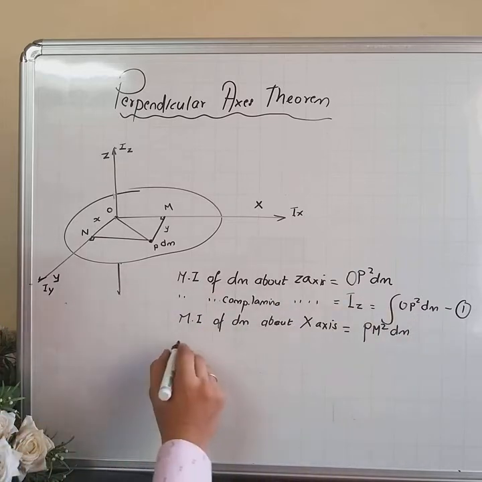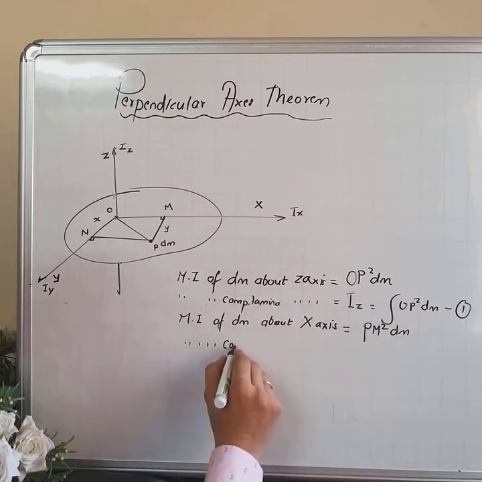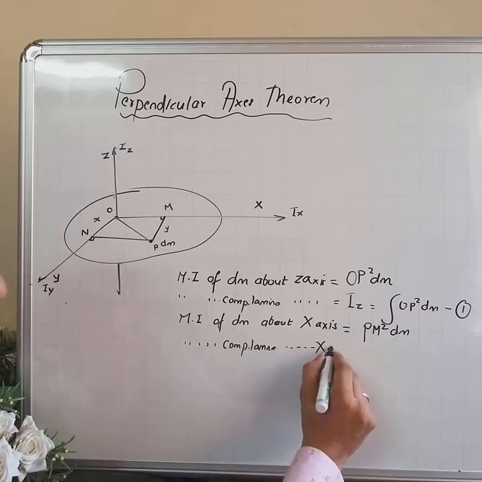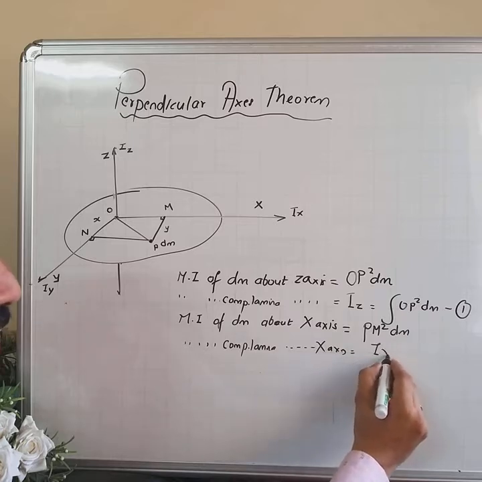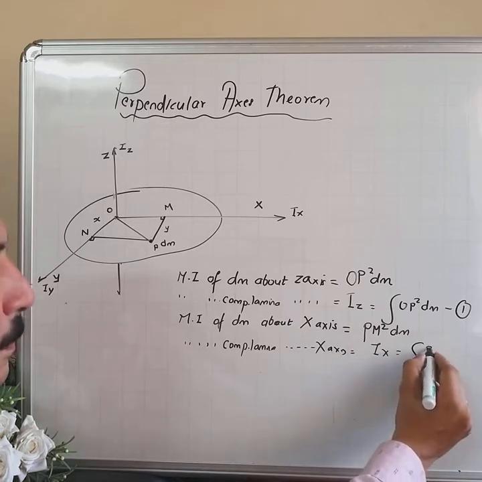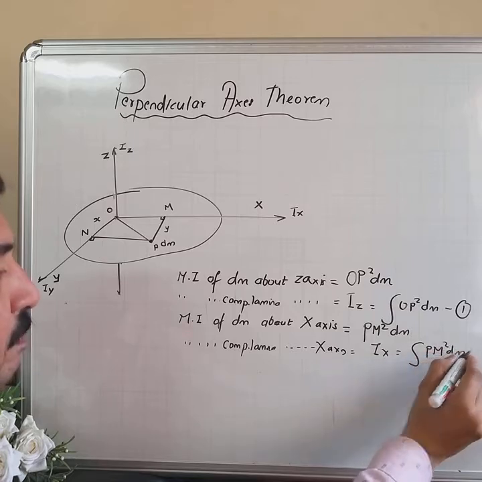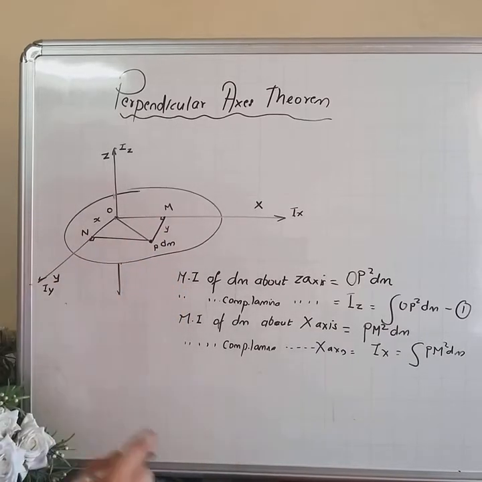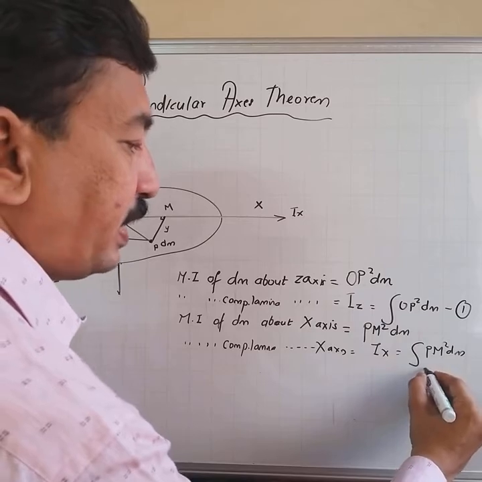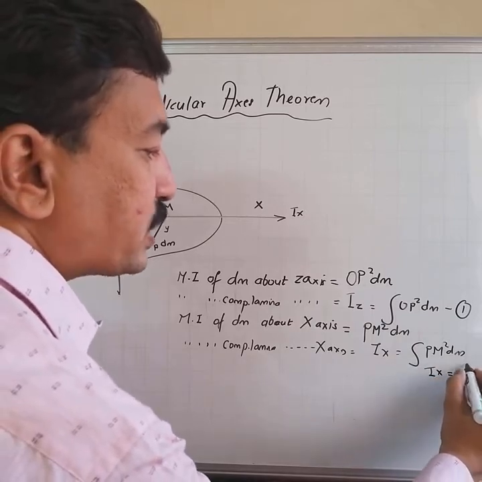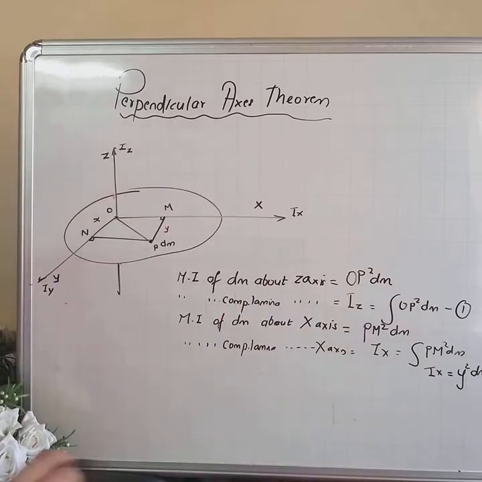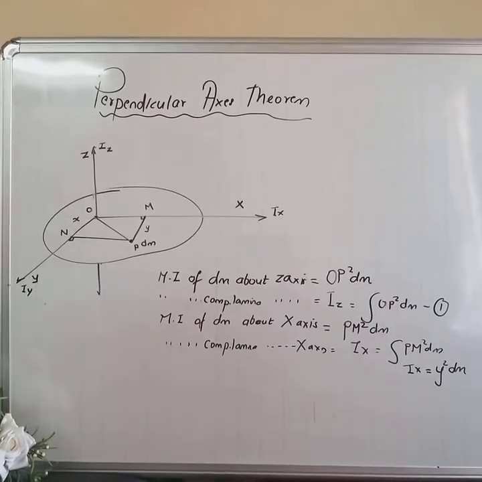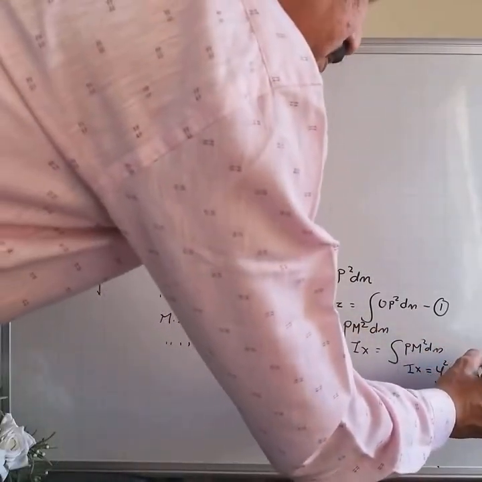Similarly, the moment of inertia of the complete lamina about the x axis will be Ix equal to the integration of Pm square dm. But if you see carefully, the value of Pm is y. So it can be written simply as Ix equal to the integration of y square dm. Do you understand this? This I call equation 2.